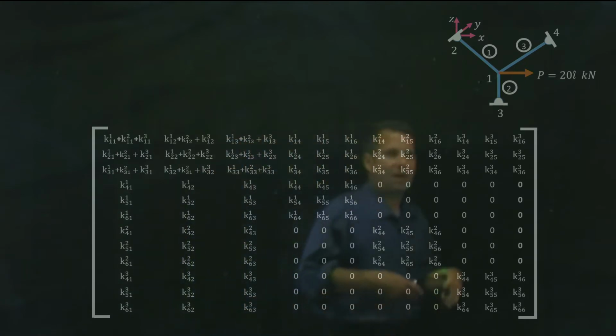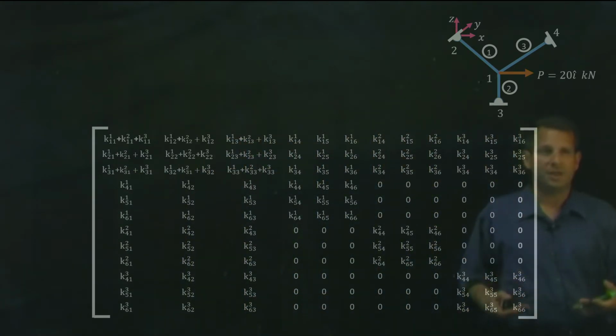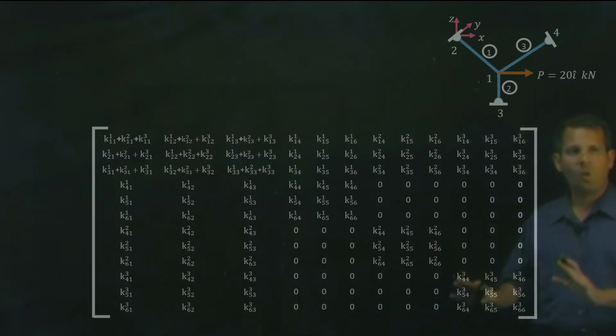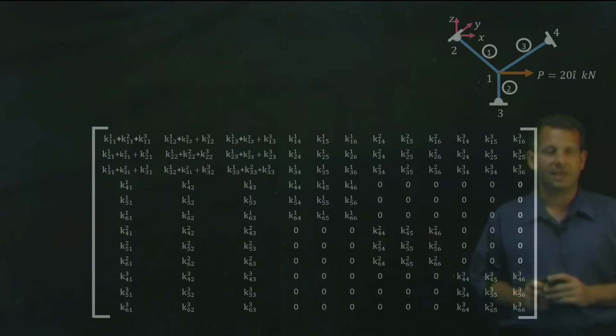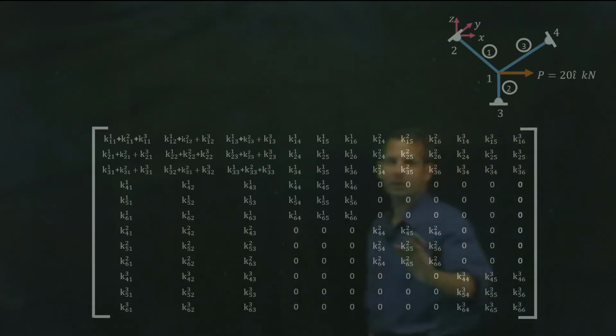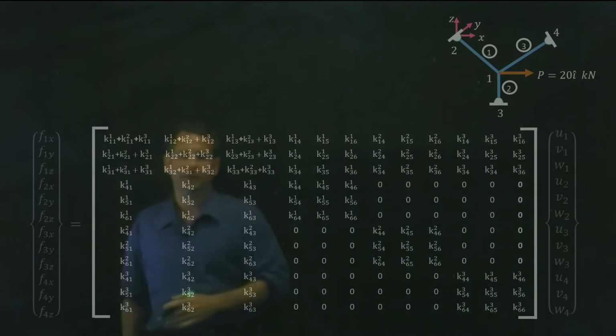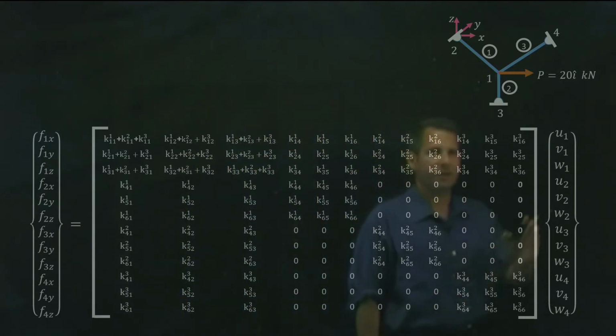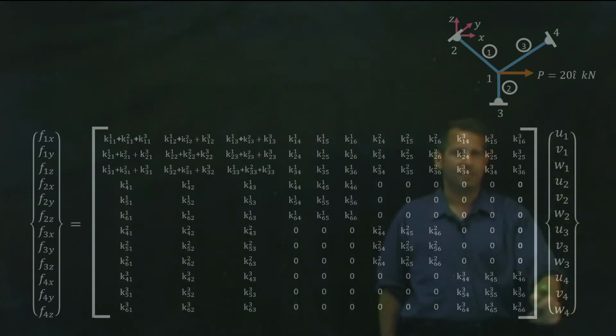And in applying our boundary conditions, we're going to remember what the purpose of this matrix is. We multiply this matrix by the displacement vector, and it will yield the force vector. So here's my global displacement vector.